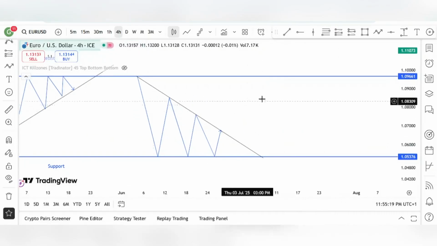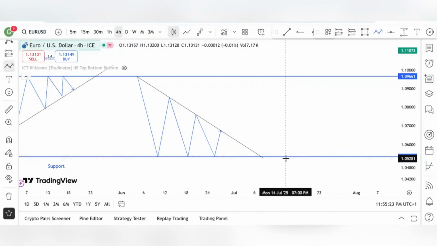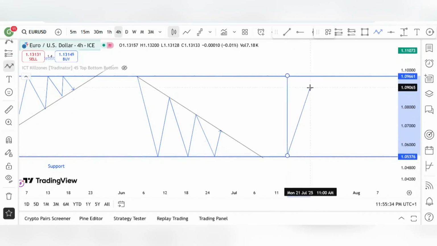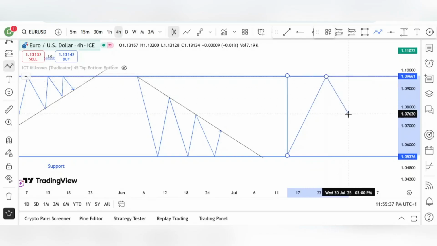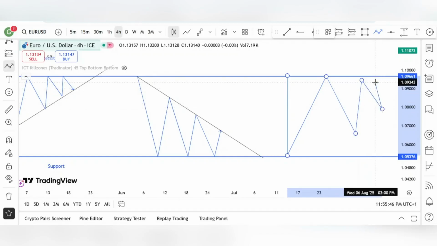So the last one is the symmetrical triangle. You know what a symmetrical triangle is? So this is the kind of pattern. You have this, you have this, you have this, you have this.